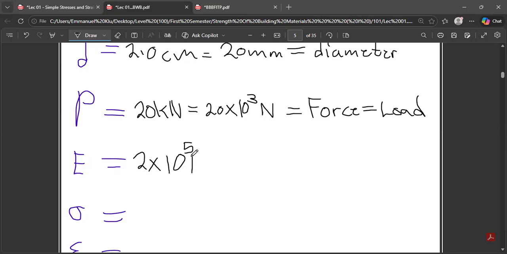So that is Newton per millimeter squared. So that was our modulus of elasticity.